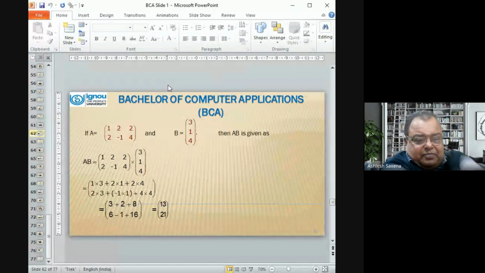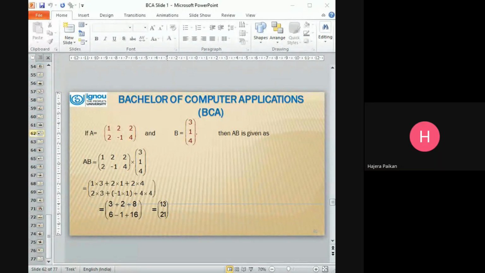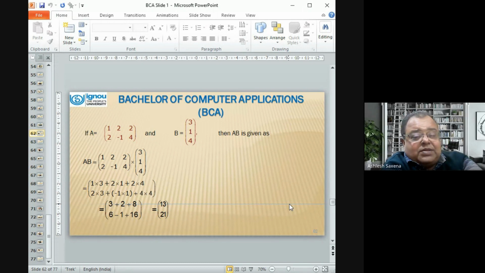How can it be 2 by 1? Because the order of A is 2 by 3, and of B is 3 by 1. When we want to multiply these matrices, the columns of A must equal the rows of B, and the answer will be 2 by 1. That means what you are seeing in the presentation is incorrect.